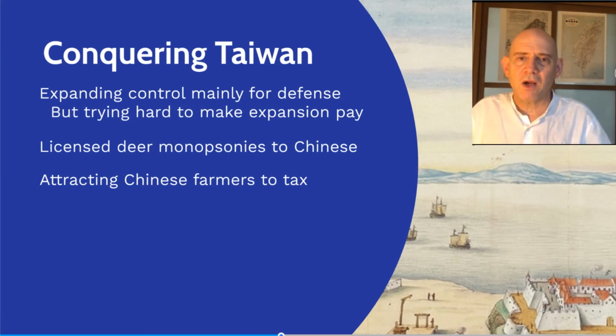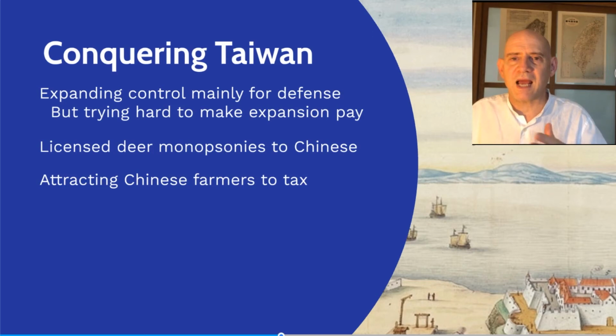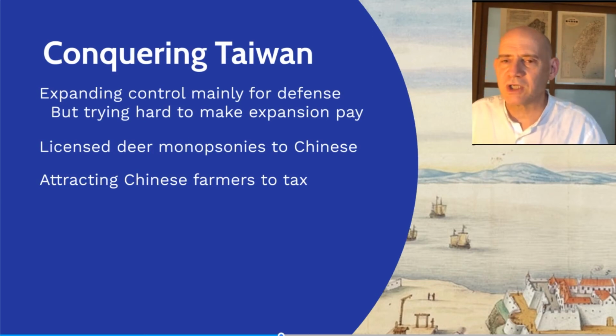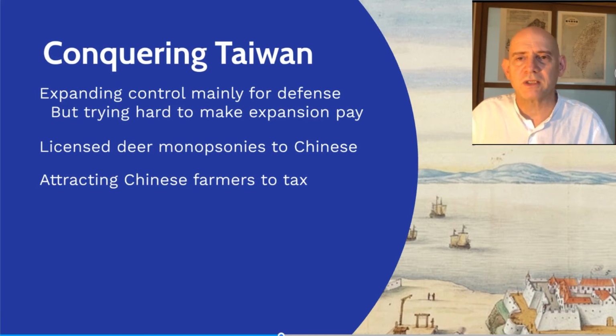They also start trying to tax the Chinese farmers. They attract more of these Chinese farmers in. The Chinese farmers originally are just producing food for the Dutch. But more and more Chinese farmers come in. It's not a really good time in Fujian at this period. There's a lot of violence happening there. And so the Chinese move over, and they have to pay money to the Dutch.